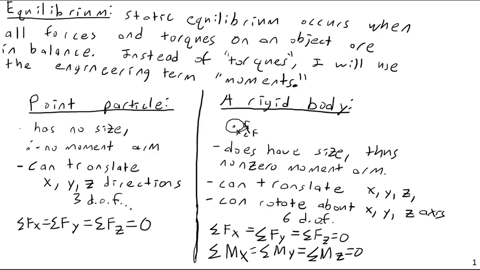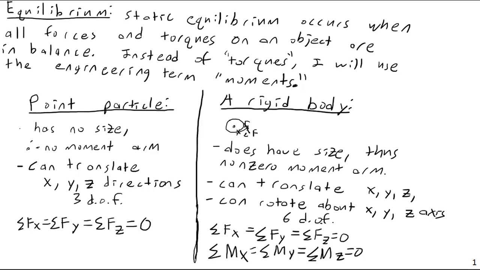So we can see the difference here. A point particle, which is what we're concerned with for Chapter 2, only has to have the 3 forces equal to 0. A rigid body, on the other hand, also has to balance its 3 rotations.